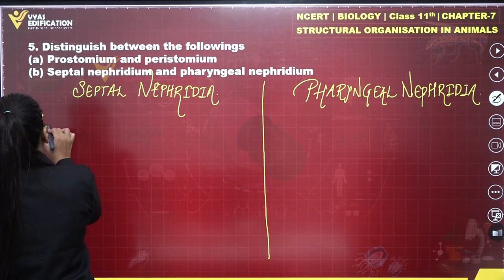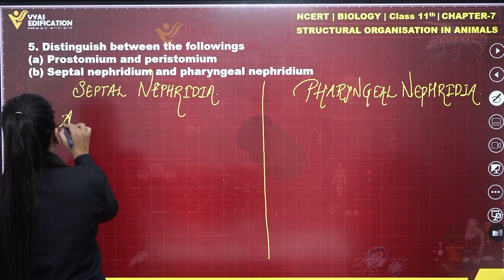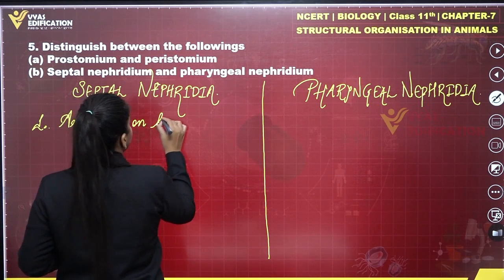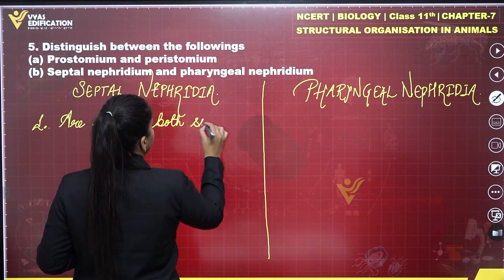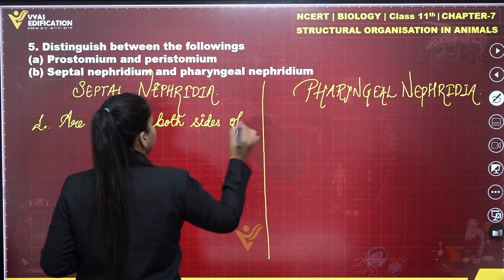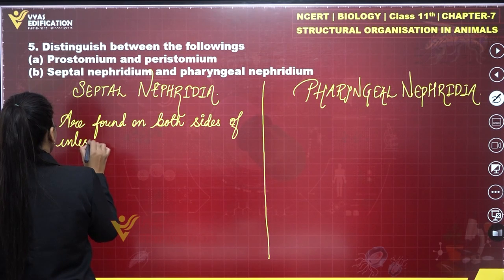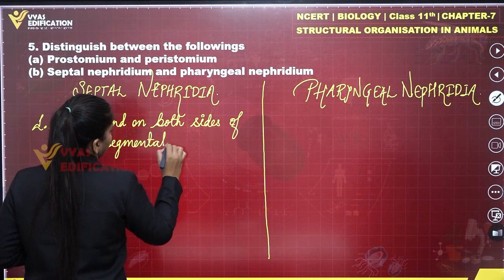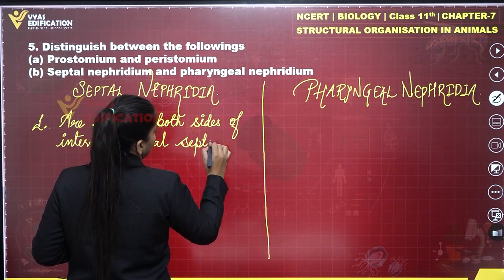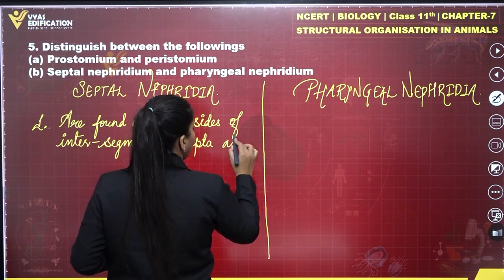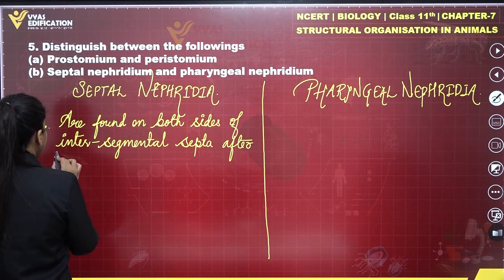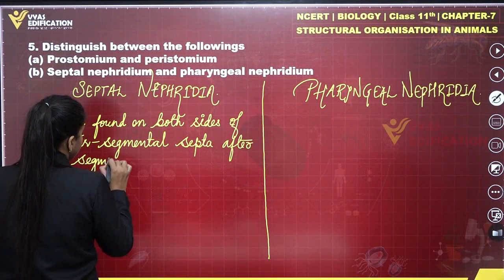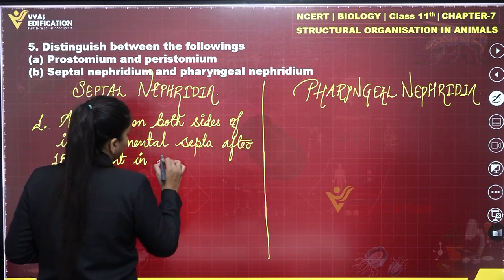So let's write the first point. Septal nephridia are found on both sides of intersegmental septa, behind the 15th segment in earthworm.